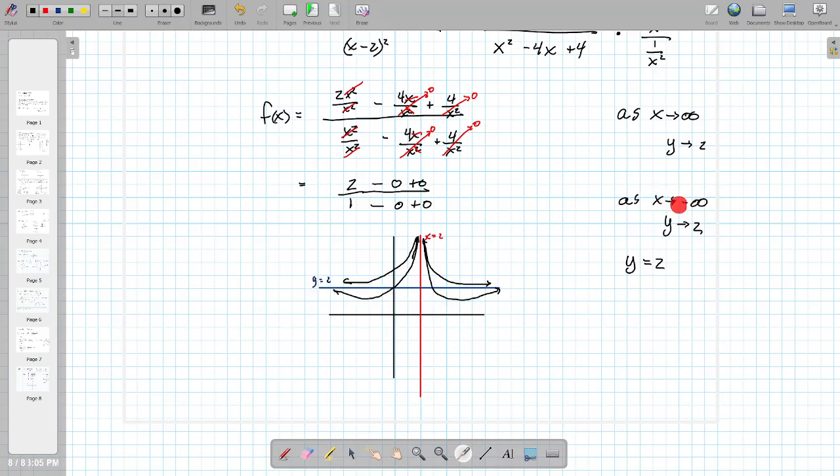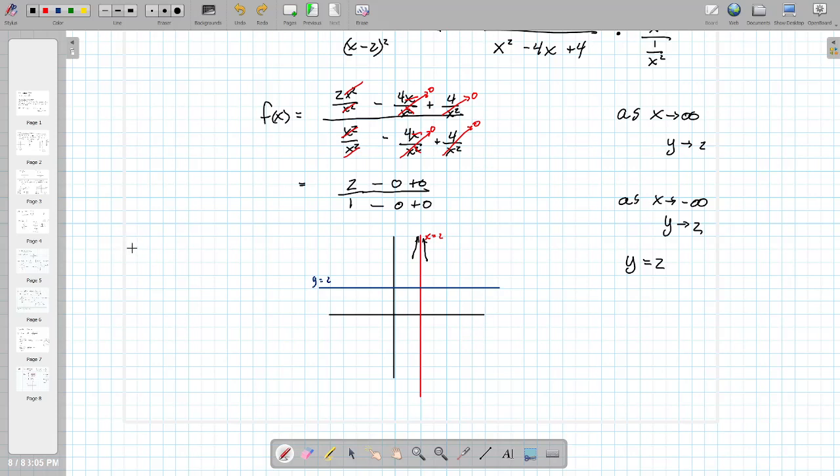And as x approaches negative infinity, same idea. We're going to be approaching this line. The question becomes, do we ever dip below the line, or are we always above the line? And how do we find that out? Well, there is a way to find out.